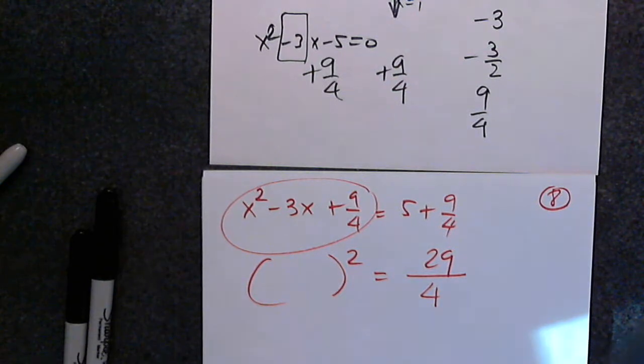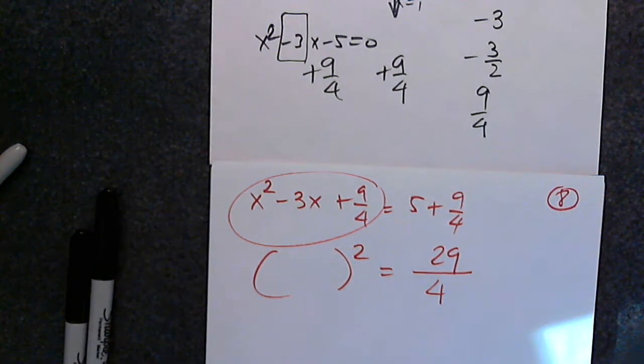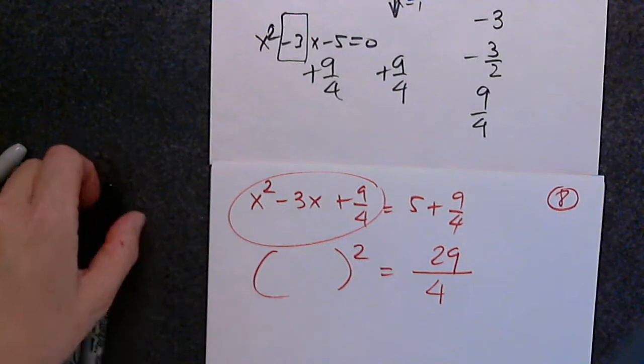But now the question is, what do I have in parentheses? So that when I expand this, I get 3 terms, the exact 3 terms I see there. It has to be x. It has to have minus.